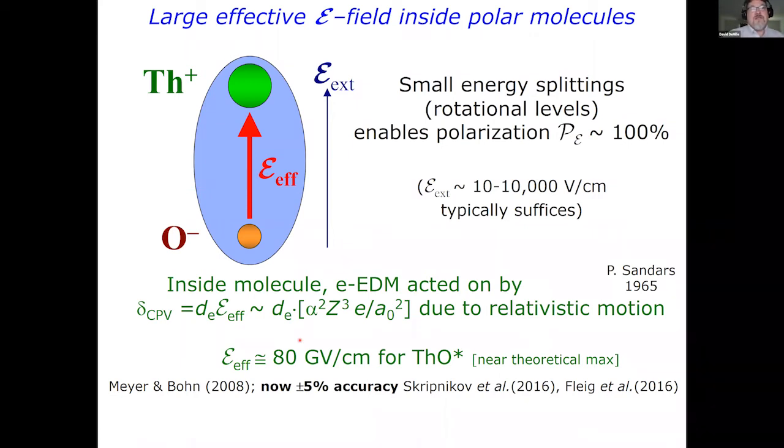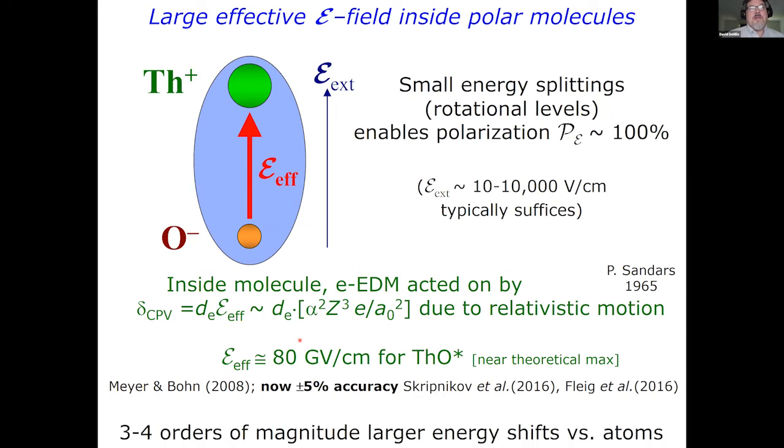So this is really an amplification that's associated with the very high polarization of this sort of molecule. And really using molecules has been a big advance. It means we can now look for energy shifts that are 3 to 4 orders of magnitude larger than what could be seen in an atom.